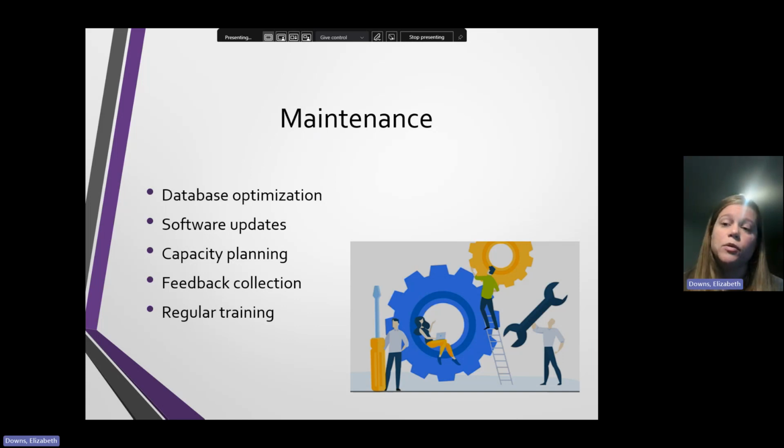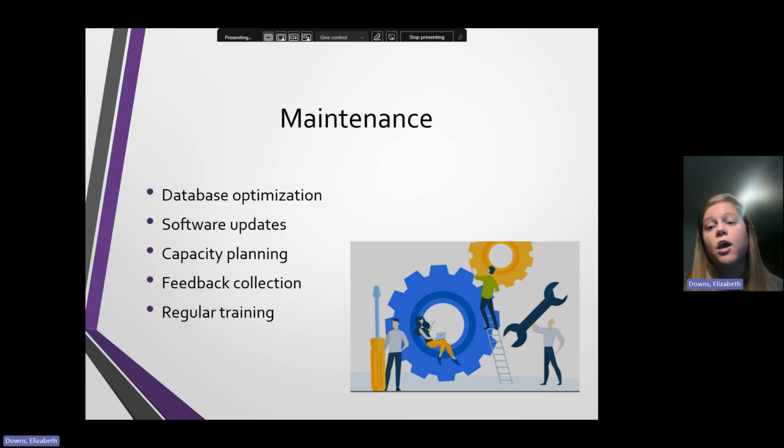Maintaining a database for post-procedure death rates involves various ongoing tasks to ensure its optimal performance, security, and reliability. The database will periodically be optimized for performance by analyzing and improving query execution plans, indexing strategies, and overall database structure.